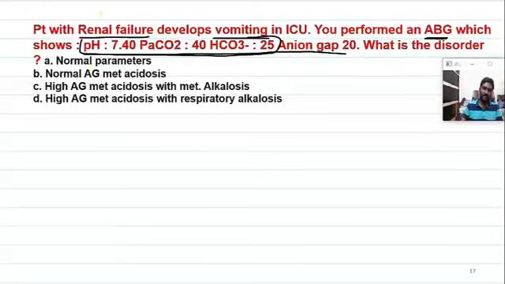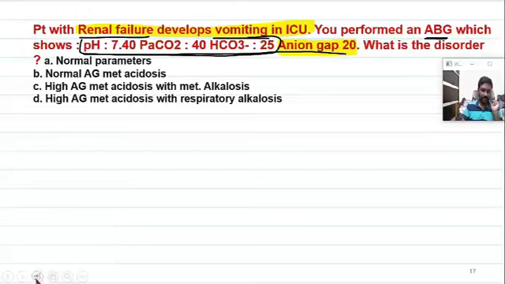But very, very important in this question, there is a relevant clinical history and also an abnormally high anion gap. So whenever there is a high anion gap with relevant clinical history and the patient is in ICU, always take it as significant.